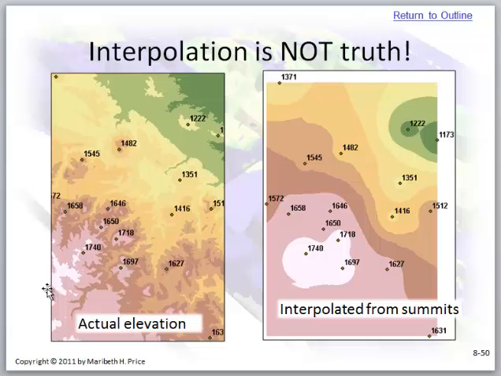Here we have actual elevation and then interpolation from the summits. So it is not entirely accurate or the truth, but it is a method when you don't have the actual elevation. You can definitely see where many mistakes are made between the interpolation and what the actual elevation is.